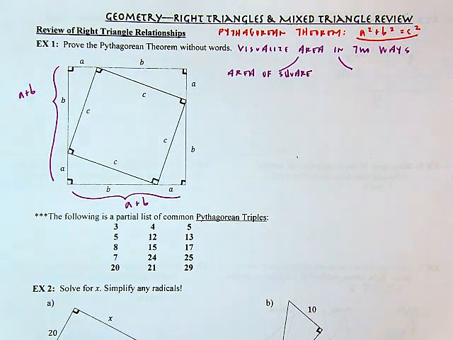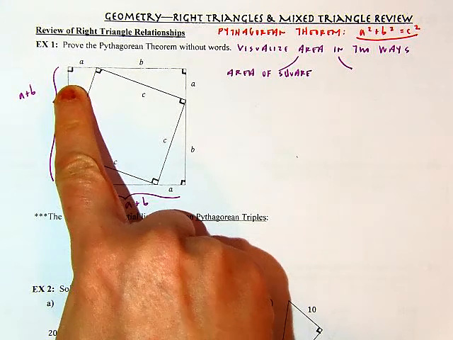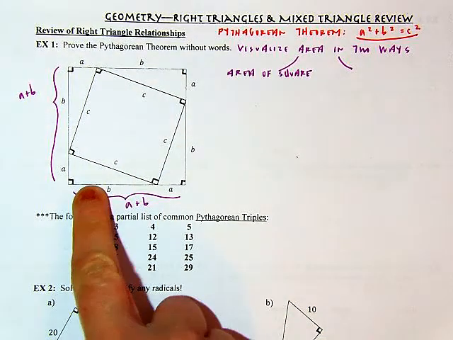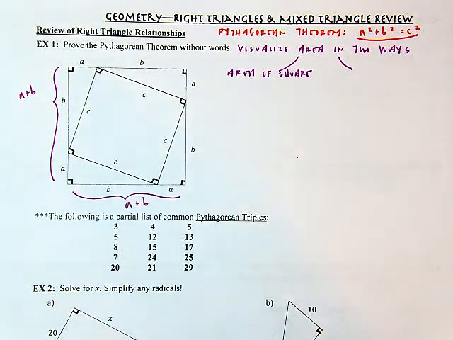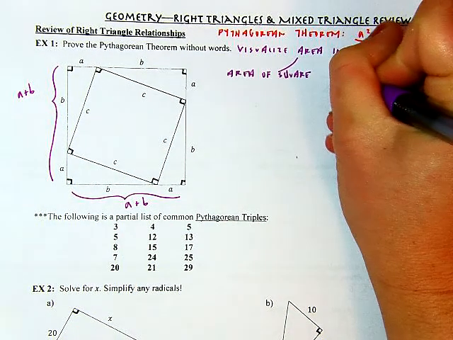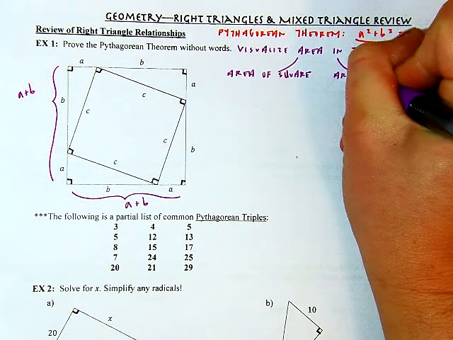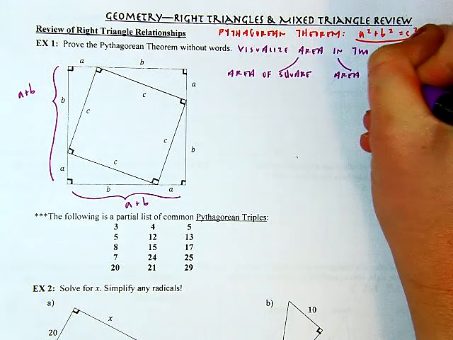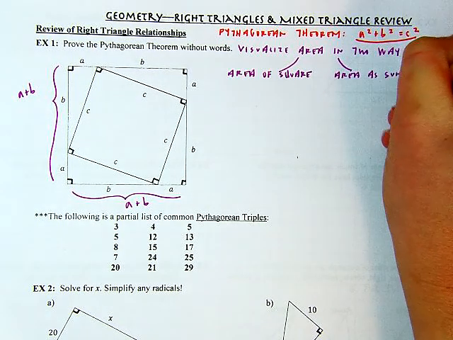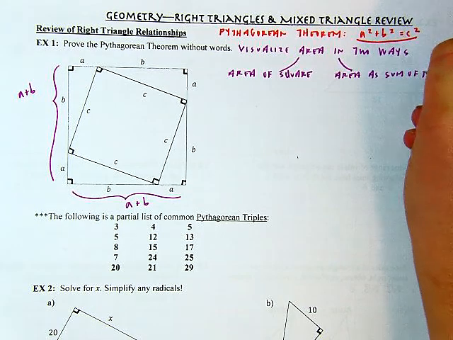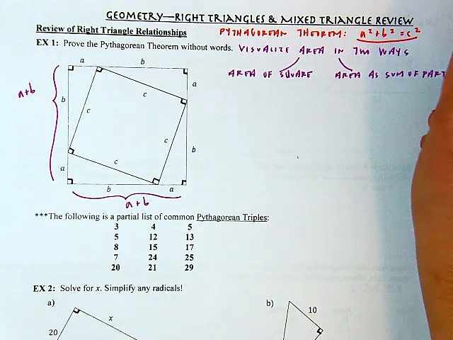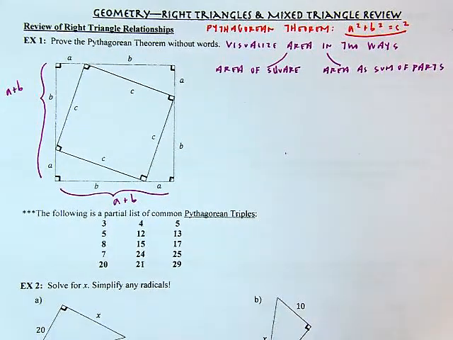Okay, but I could also visualize it as the sum of all of the smaller parts. So if I'm looking at my smaller parts, I see, oh, I have these 4 right triangles and this one square that's in the middle. So I'm just going to say area as sum of the smaller parts. Okay, so area in 2 ways.